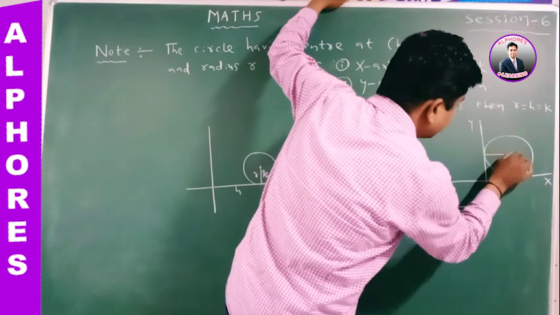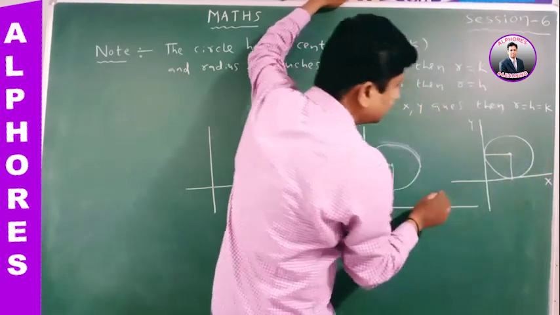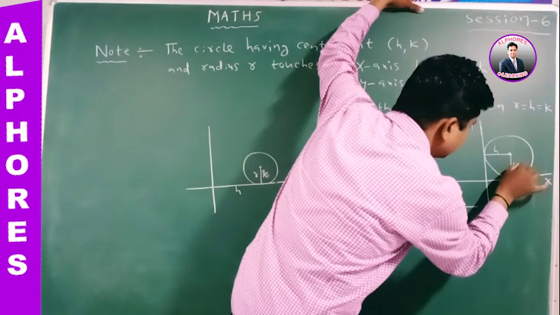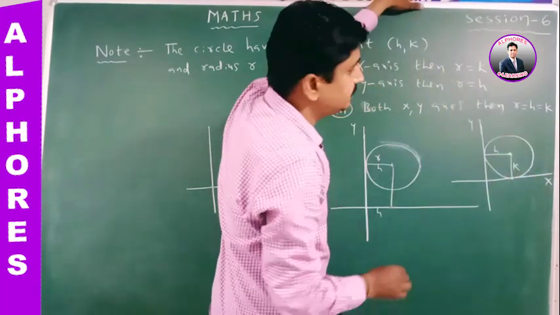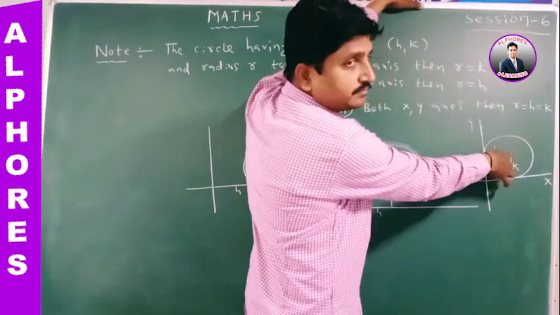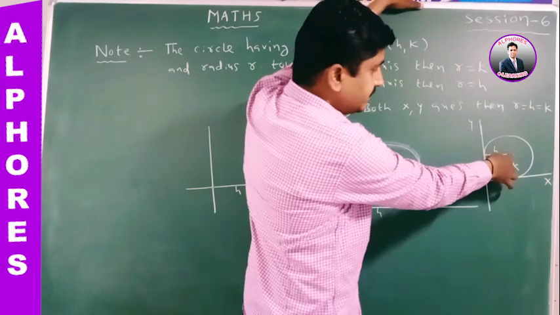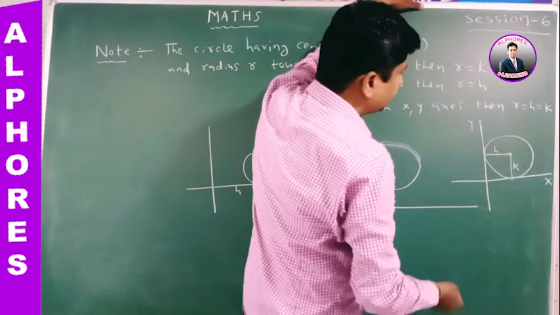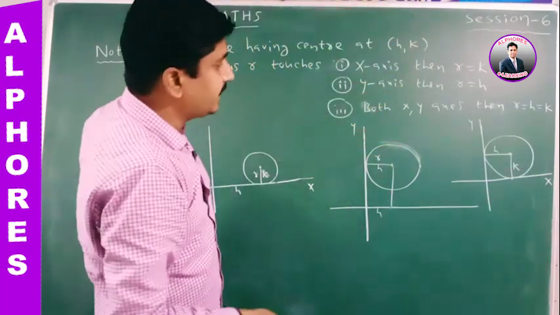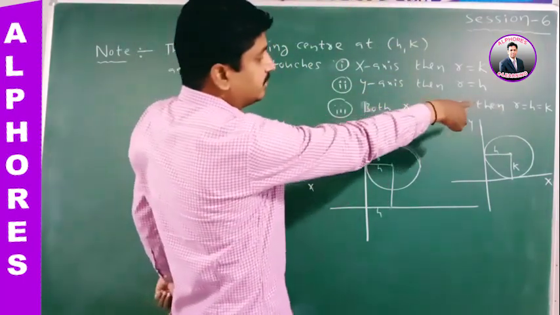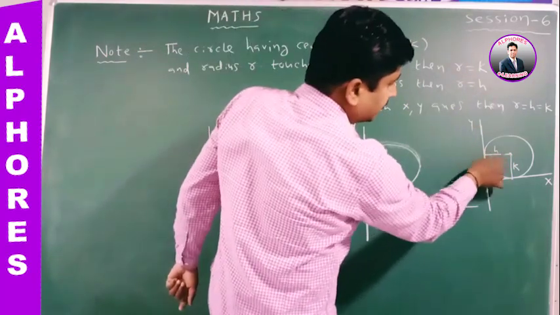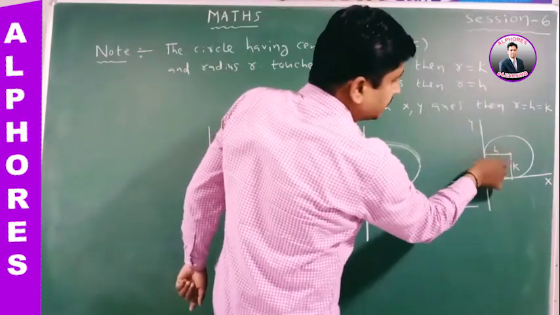Now friends, observe here, this is h, this is k. Therefore this length is h, this length is k. Therefore, if the circle touches both the x-axis and y-axis, then r equals h equals k.